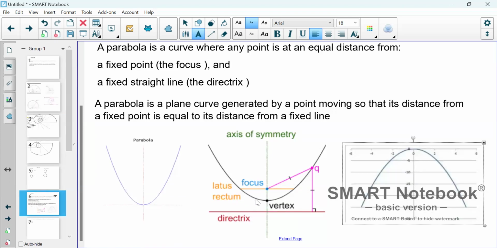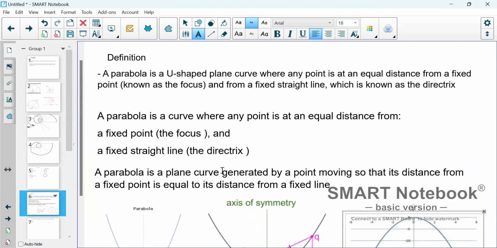But in this case, it is the top or the end point of the parabola. All right, so this is what they basically look like. It's just a curve, a curve shape, like a U. All right, so these are some examples.